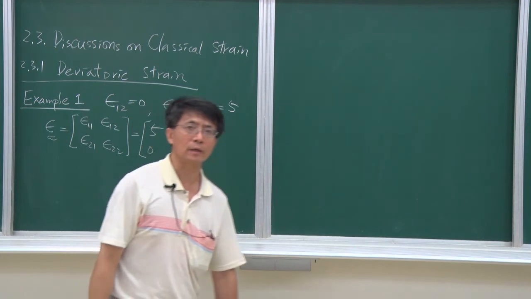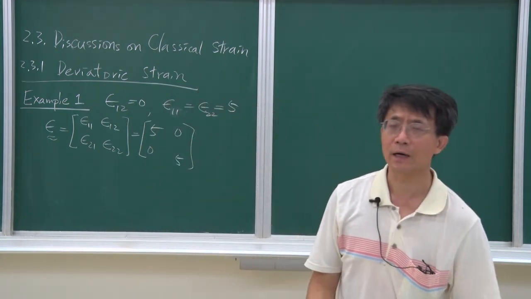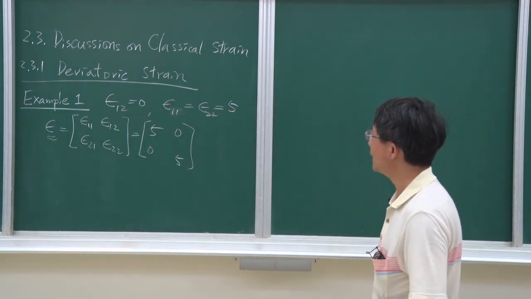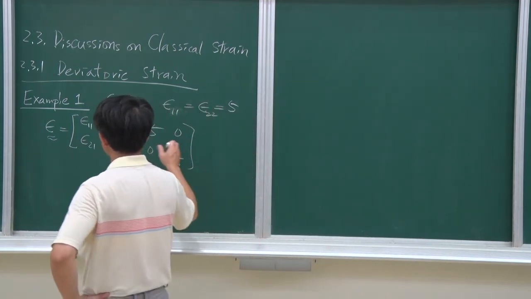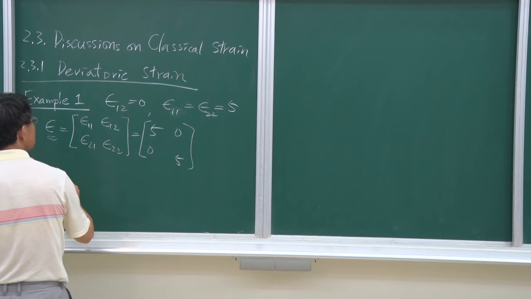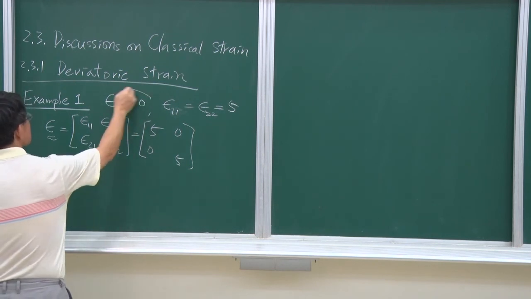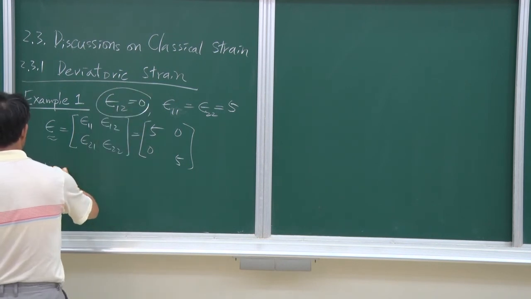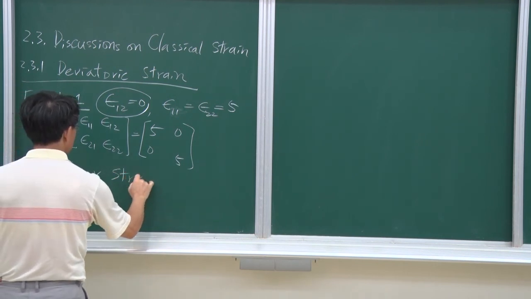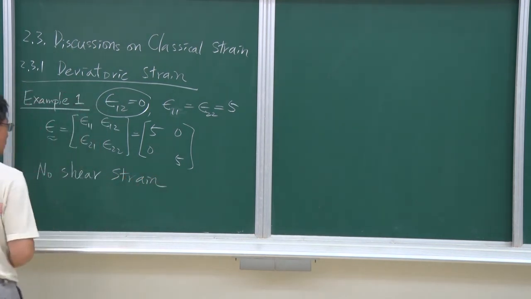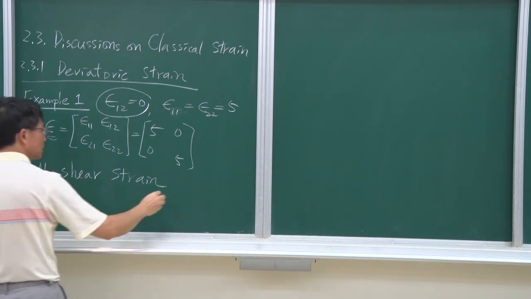What will the deformation look like in this example? It's simple because there's no shear strength, so-called low shear strength.